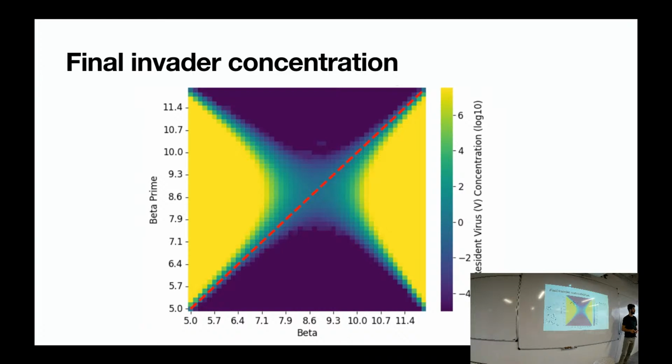Do you agree? Because the more yellow this is, the faster the evolution will be. But what is beta prime? So we have the delta beta is proportional to S beta prime beta.